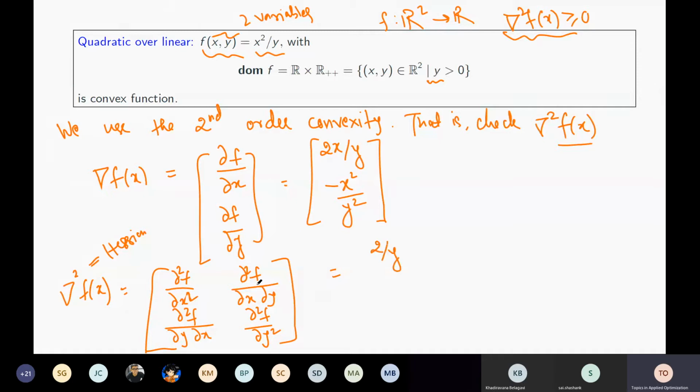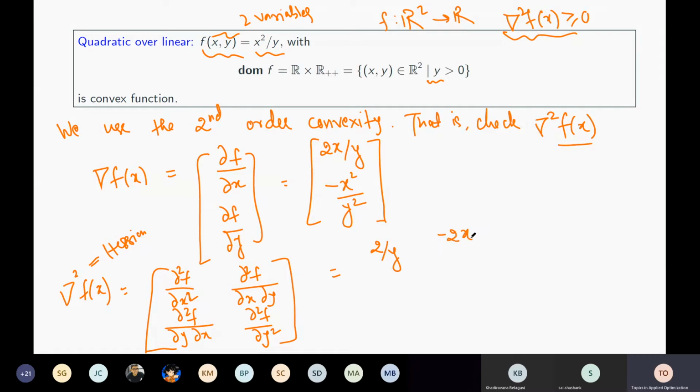Then for ∂/∂x of ∂f/∂y, we have to take the derivative of this with respect to x.